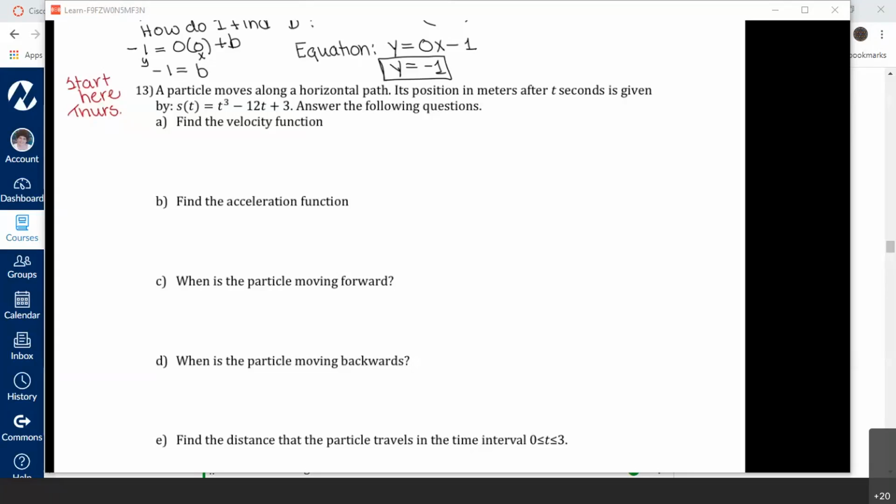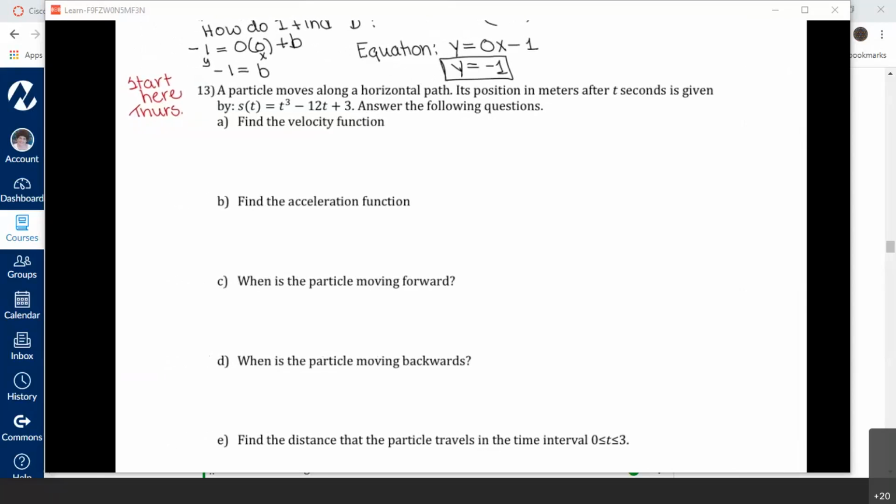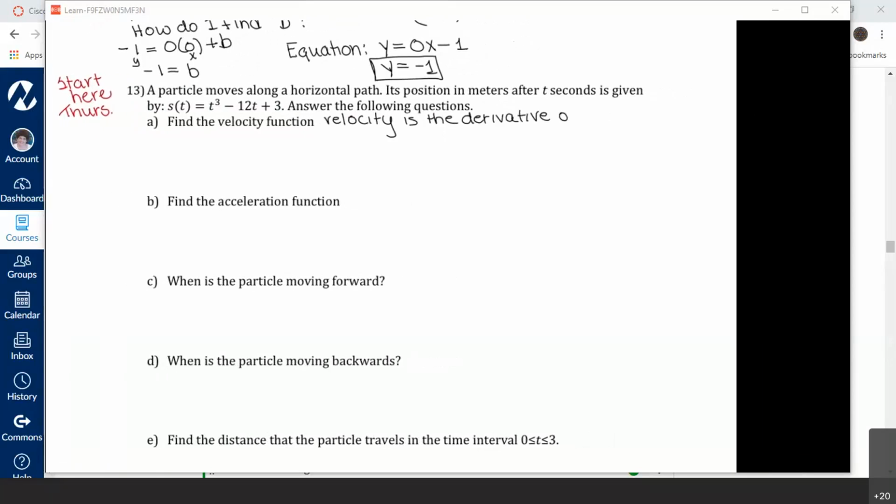So your rate of change is going to be in miles per hour. So the way I would get that would be to take the derivative. Okay, so my velocity function, again, you have to think of velocity is the derivative of displacement with respect to time.